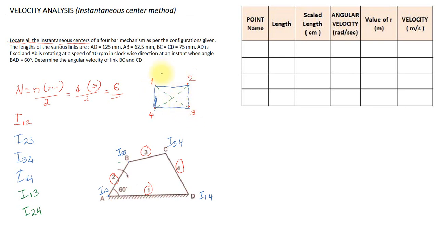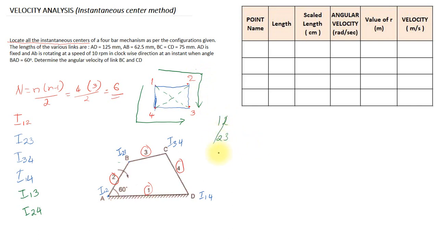You can go by reaching 2 first, then go to 3, like this, and also this way. So here the instantaneous center is I12 and this instantaneous center is I23, right?